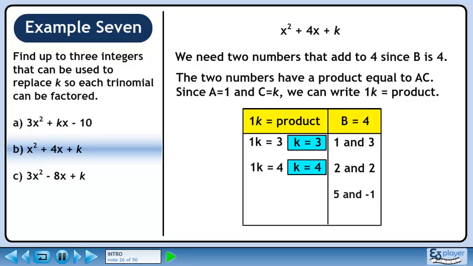Now we'll try 5 and minus 1, another pair of integers with a sum of 4. We get 1k equals minus 5. Divide both sides by 1 to get k equals minus 5.